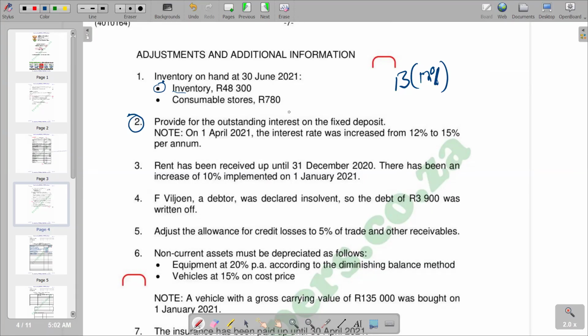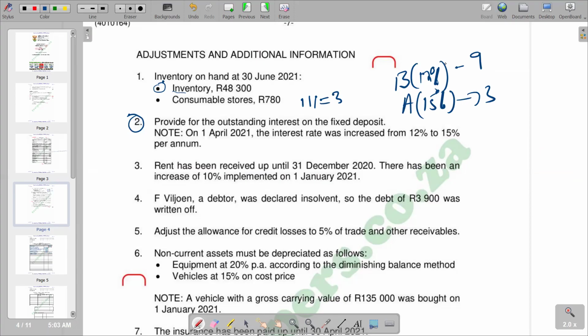After the increase, we have April, May, and June, so we have 3 months at 15%. Minus 3 from 12, you get 9 months before the increase. So this is how we are going to calculate it.